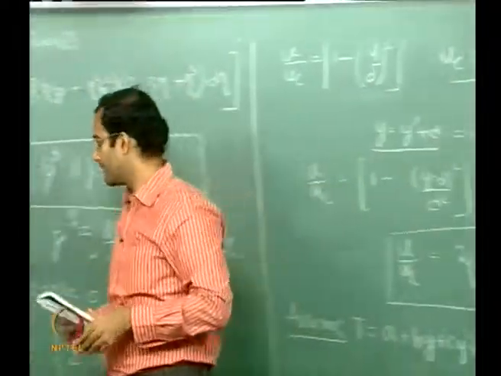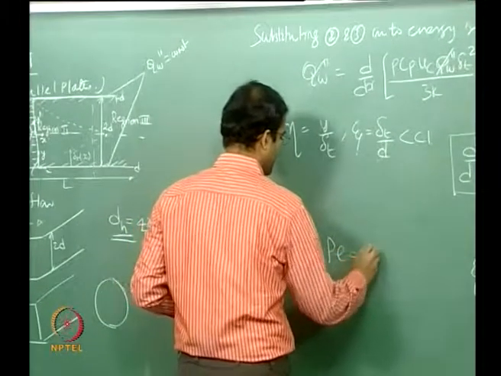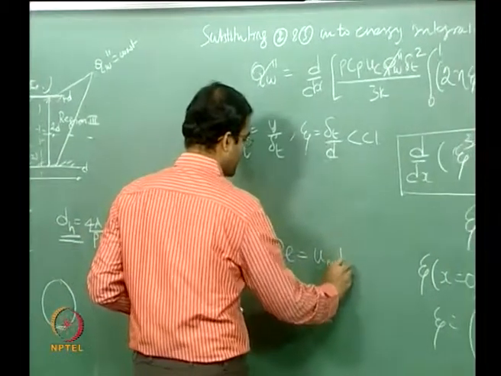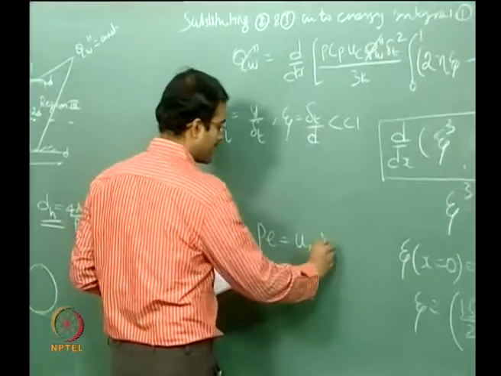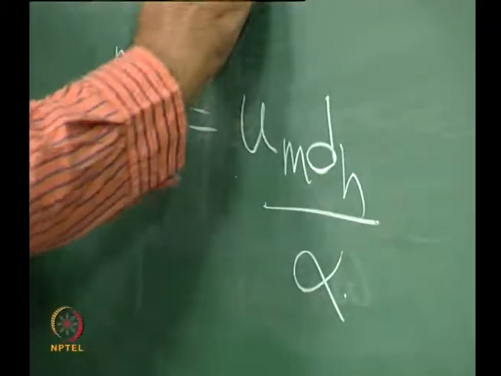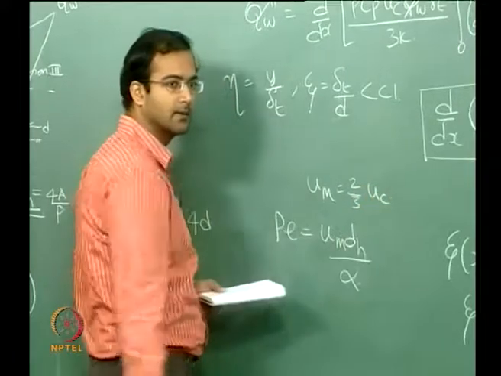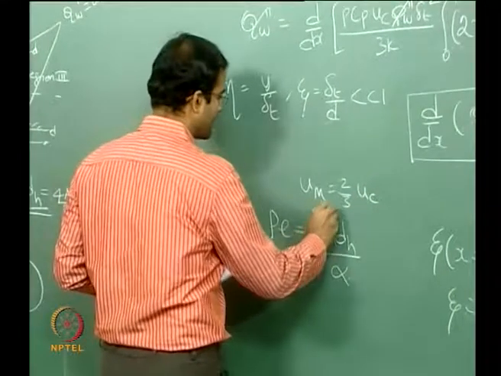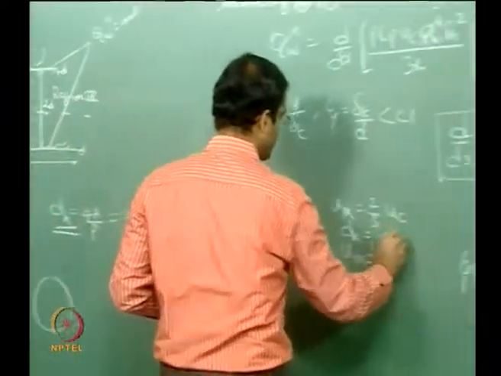I can define my Peclet number in this case as um, and the diameter I am going to use is my equivalent hydraulic diameter, dh, by alpha, where um is equal to 2 by 3 uc and my dh is equal to 4 times d.